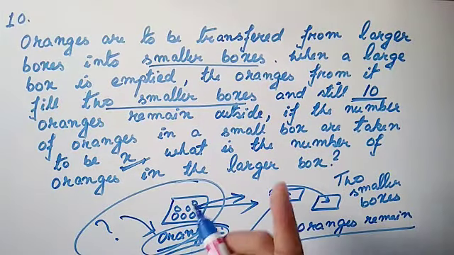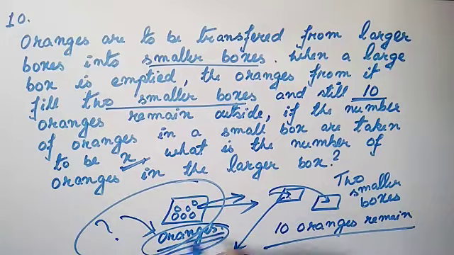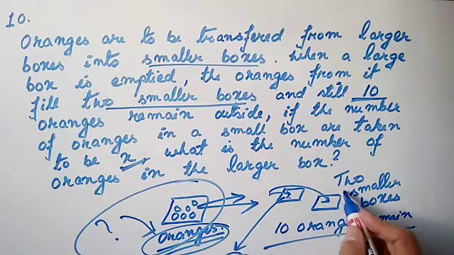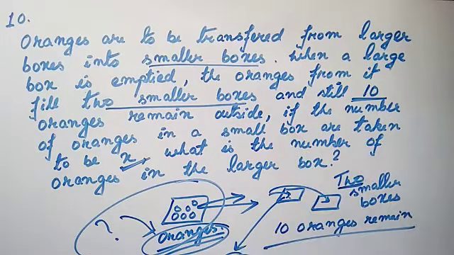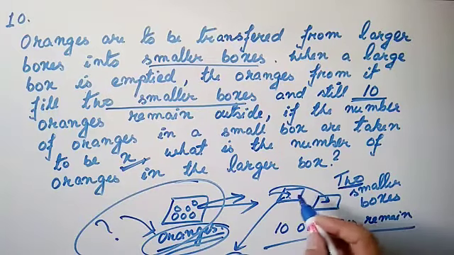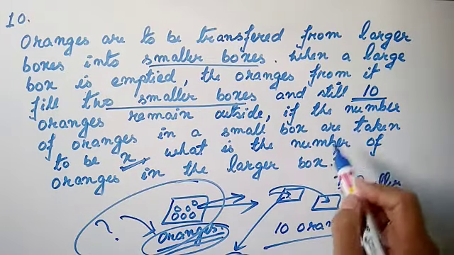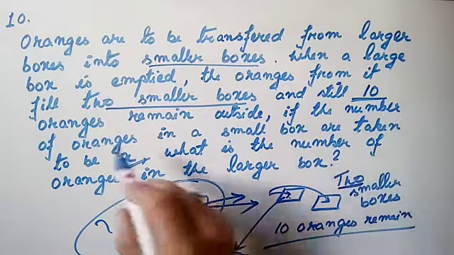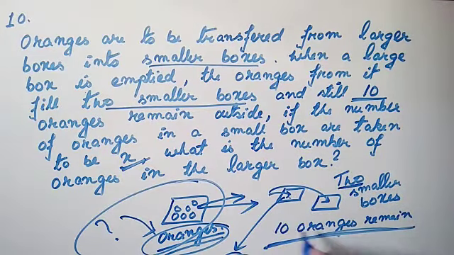So when the oranges from one larger box are all taken out, it fills how many smaller boxes? Two smaller boxes. And after filling those two smaller boxes, how many oranges still remain? 10 oranges still remain.